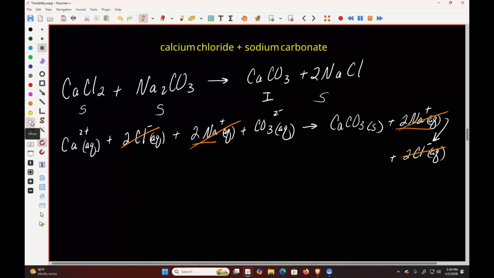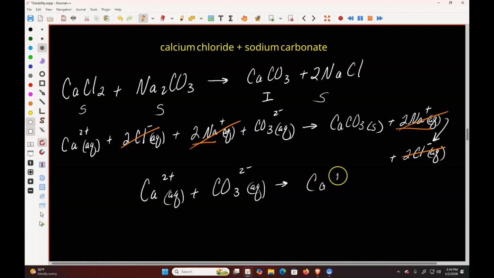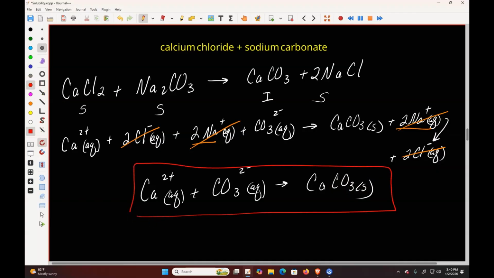So the net reaction will be calcium 2 plus aqueous plus carbonate 2 negative aqueous to yield calcium carbonate solid. So this is the net reaction.